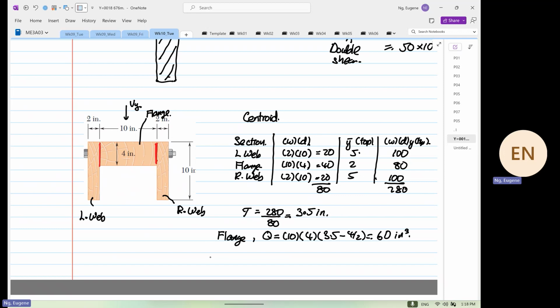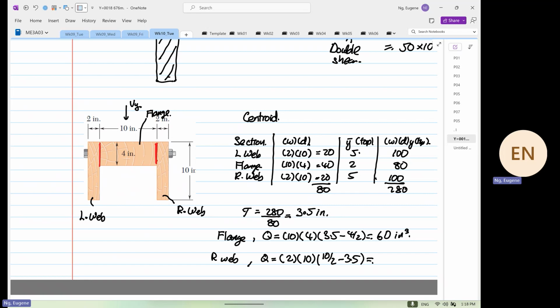If we consider the right web, Q will be what? The width is 2, the depth is 10, the Y bar is 10 divided by 2 minus 3.5.